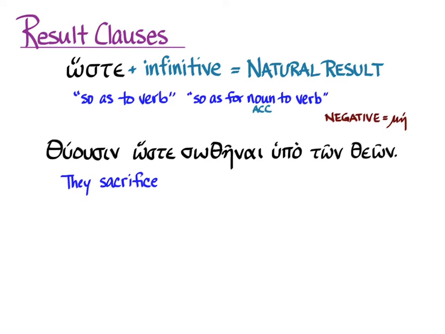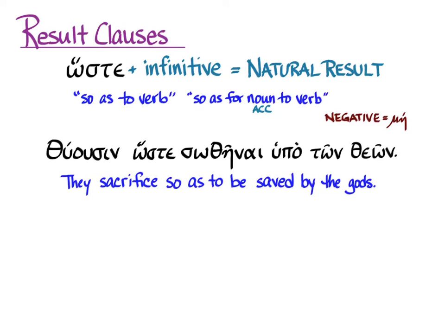Ooh, but here we have a hōste. What is the natural outcome, perhaps, of that thuousin? So as to be saved by the gods. They sacrifice so as to be saved by the gods. It tells you what the speaker or the writer expects will be the result of that sacrifice. So that's a pretty common thing to see in Greek.